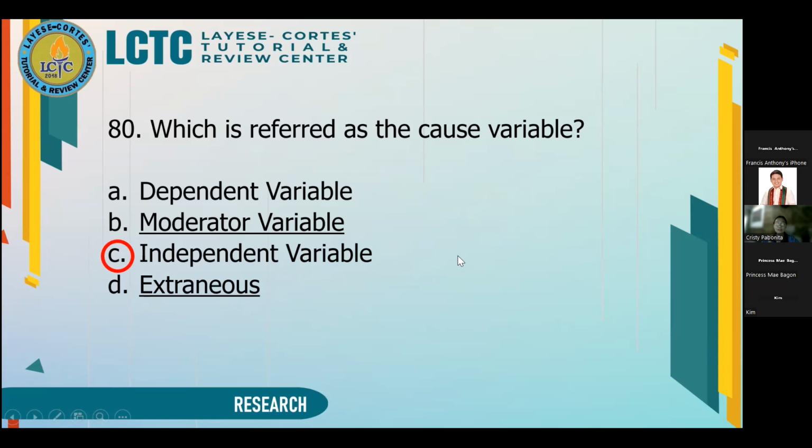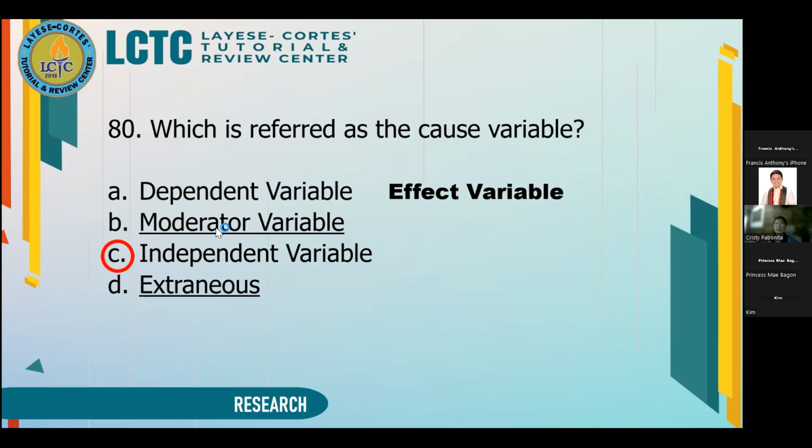How about the dependent variable? Opposite, it is the effect variable, and it always depends on the independent variable. It cannot stand alone. The moderator variable, from the word moderator, it moderates.